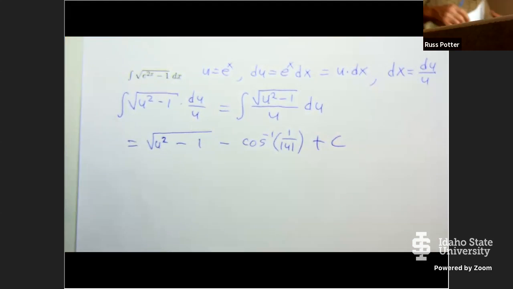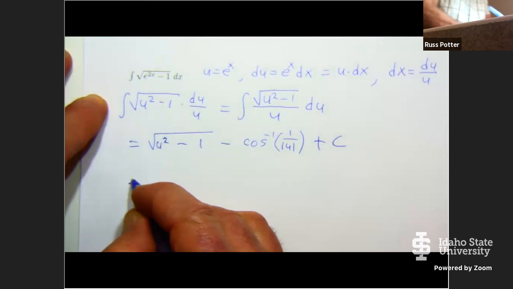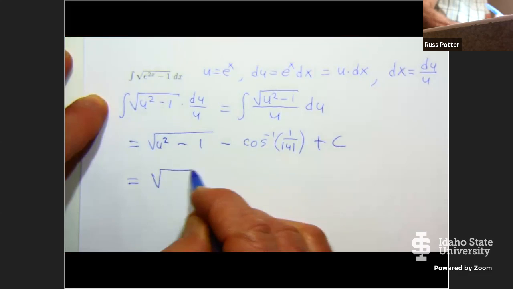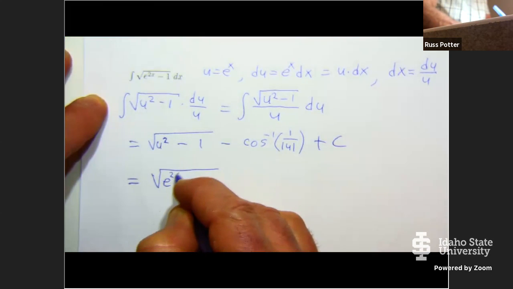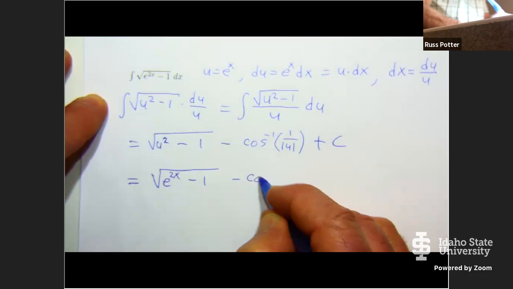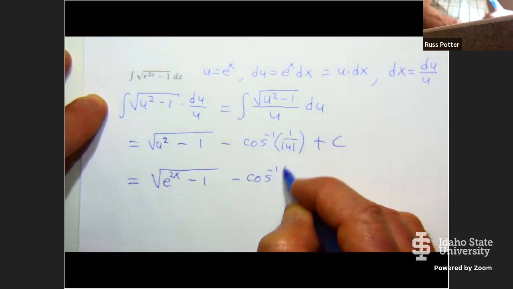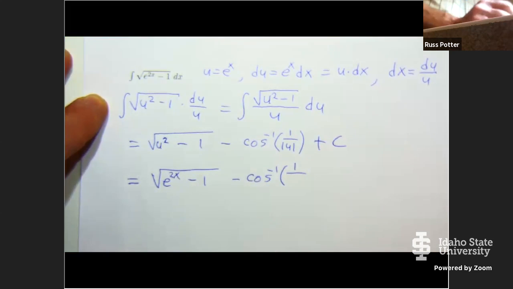And then the last thing to do is replace u with e to the x, since that was our substitution. Okay, so our final answer on this one: the square root of e to the 2x minus 1 minus the inverse cosine of 1 divided by e to the x.